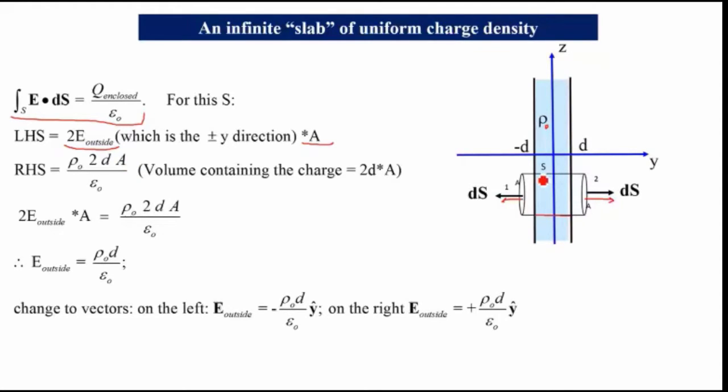So the volume of this region right here is 2dA. So you multiply by rho 0 times the volume, and that gives you the charge enclosed. And of course we divide by epsilon 0 to get the equality. Well, it's a simple step to get the E outside, and so it will have this expression here.